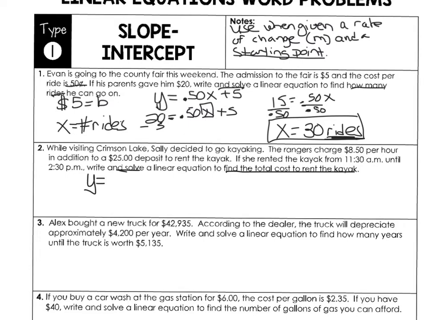And we know that she has to pay the $25 deposit. And usually, y'all, when you see the word deposit, that's going to be your B, your y-intercept. All right, and it's $8.50 per hour, so 8.50x. Okay, so we know how many hours she's going to do from 11:30 to 2:30.